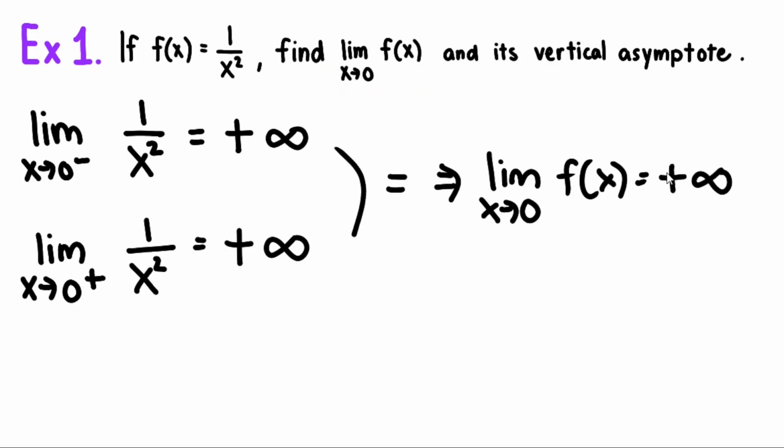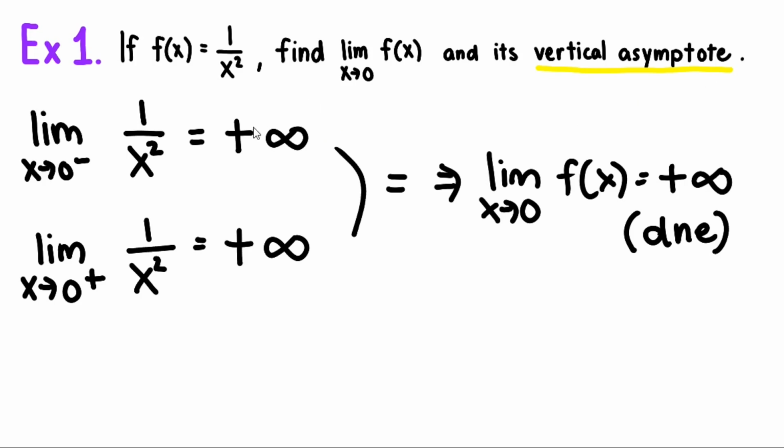Just take note that, even though the limit out here is equal to positive infinity, this still means that the limit does not exist, as we had remarked a while ago. Next, we try to find its vertical asymptote.